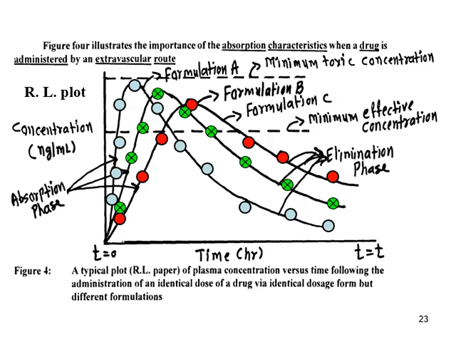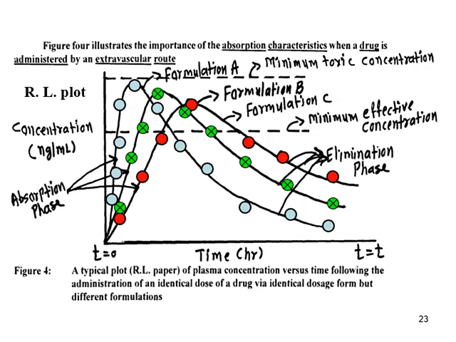So you can see the peak time and the Cp max are different for all three. And therefore, the onset of action and termination of action are different. Even the elimination phase is different. The absorption phase is different. The curves are different. So same dose, same drug, just the formulation is different.